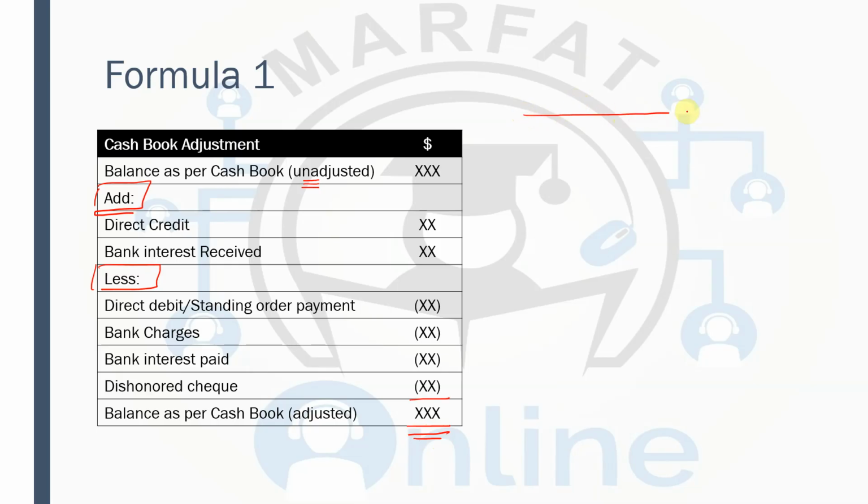You can do this in the form of the T account as well. So you take the opening balance, and this opening balance is going to be unadjusted. Now anything which increases the cash balance comes on the debit side, which involves direct credit and the bank interest received.